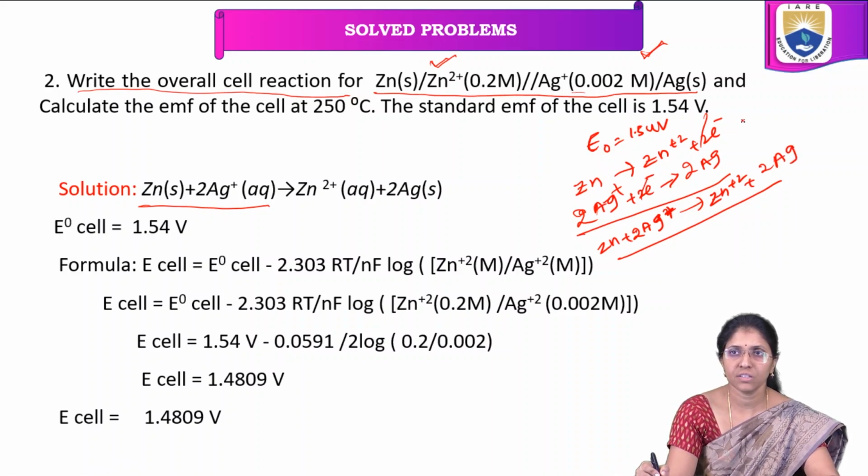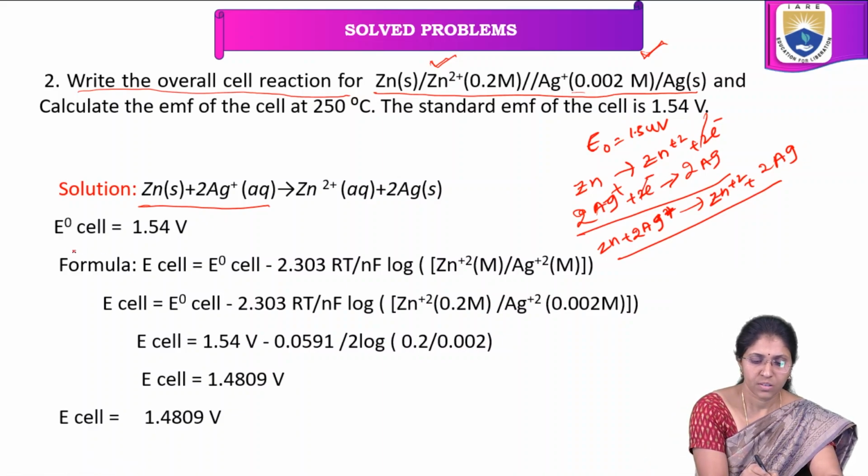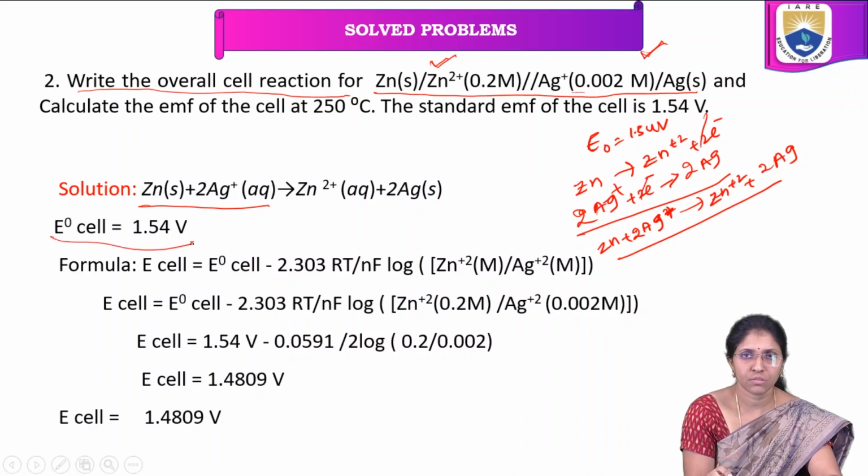Here zinc is converted into Zn2+ ion and silver ions are converted into silver atoms, and the overall reaction is zinc plus 2 Ag+ gives rise to Zn2+ plus 2 Ag.